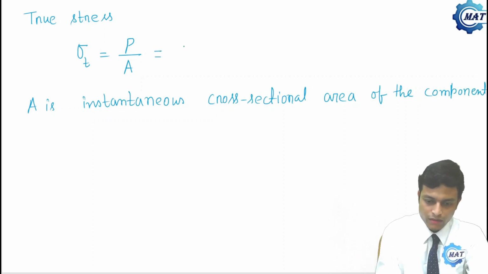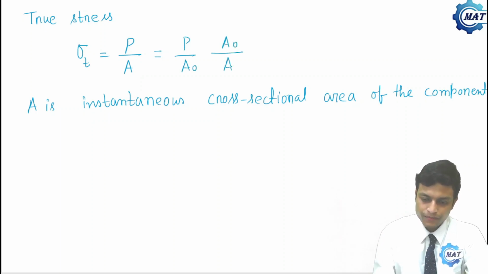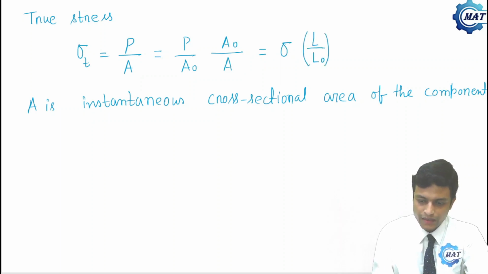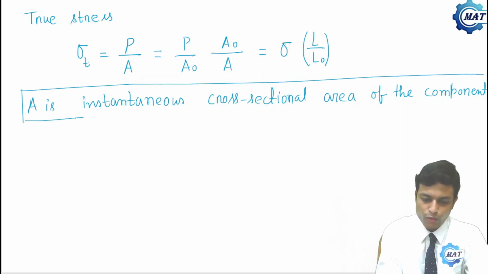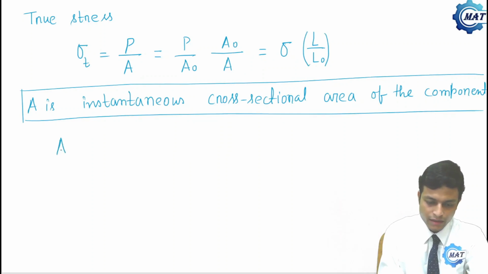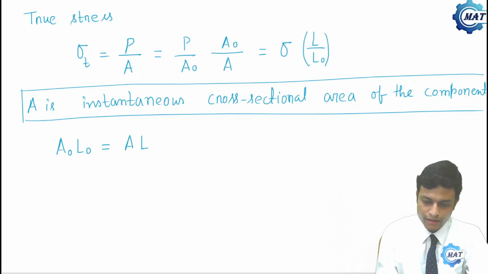So what can we write from this? True stress is P by A0 into A0 by A. P by A0 is engineering stress, and A0 by A is nothing but L by L0, because we are considering that the volume of the component remains constant, that is A0 L0 equals A L. So A0 by A is L by L0.